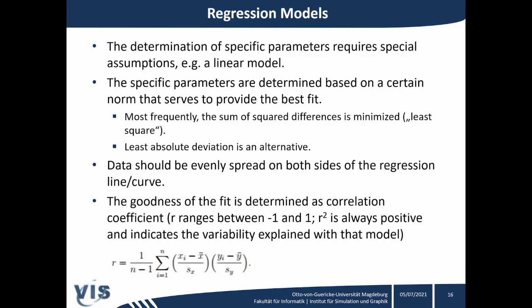So here you can see the formula of the R value, which can then be squared. The square of the correlation coefficient, the R² value, will then always be positive and is called the coefficient of determination, and this is also equal to the proportion of the total variability that is explained by the linear model.